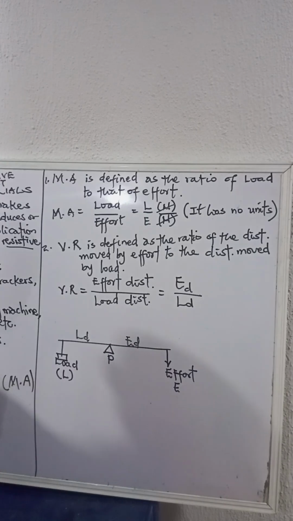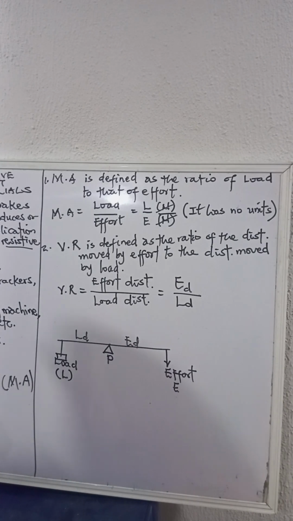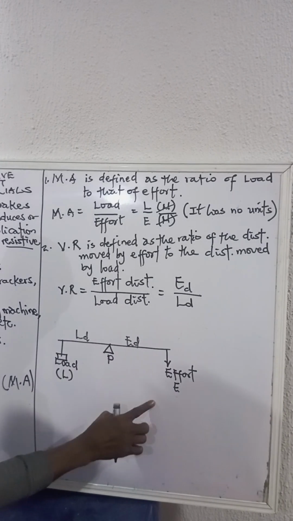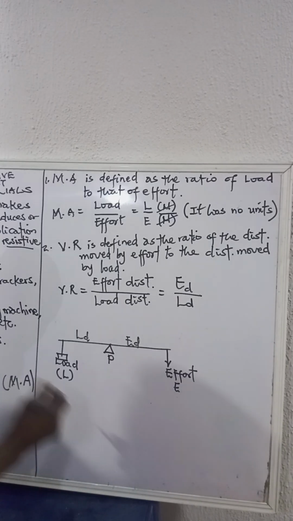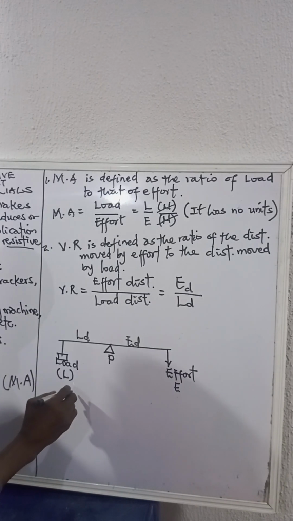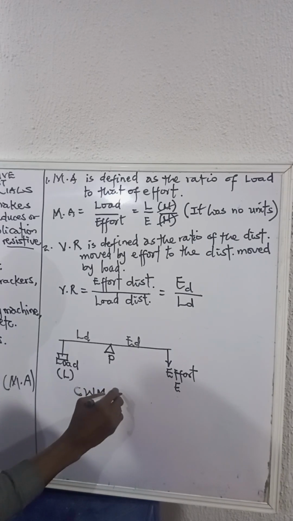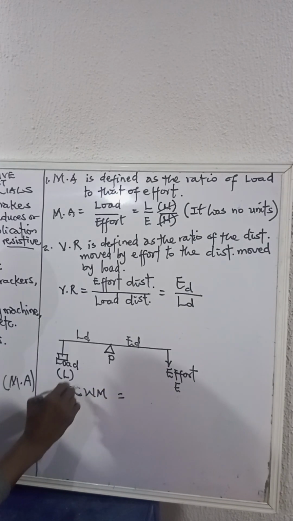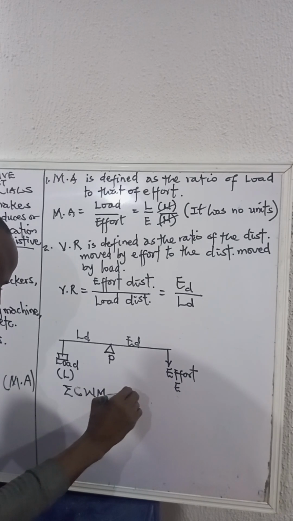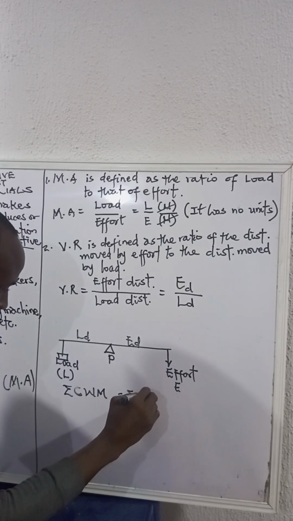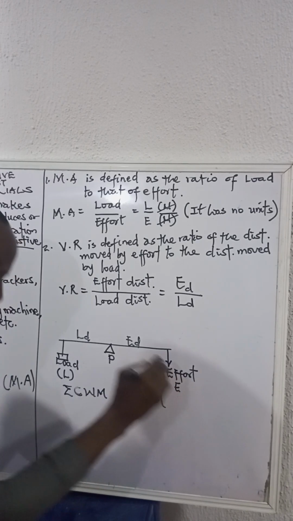From the concept of conservation of linear momentum, we have sum of clockwise moments is equal to sum of anti-clockwise moments.